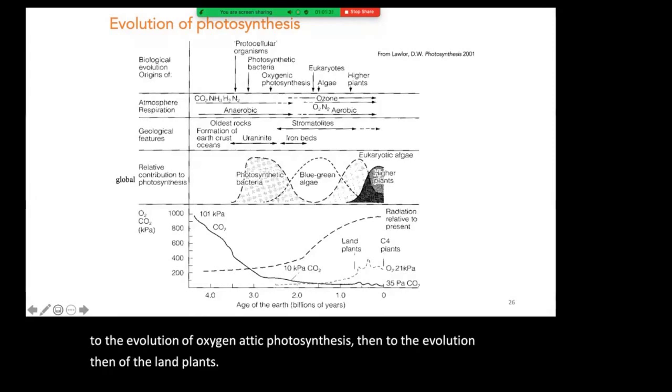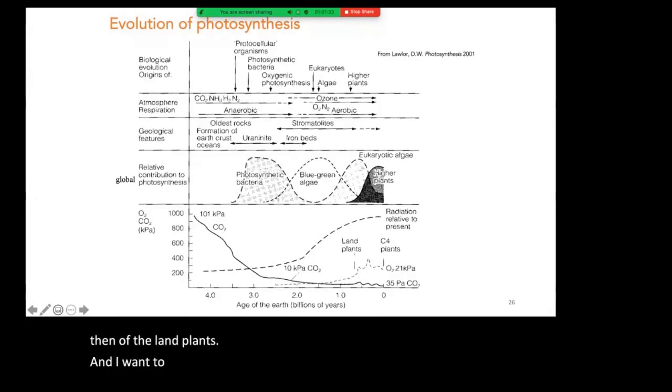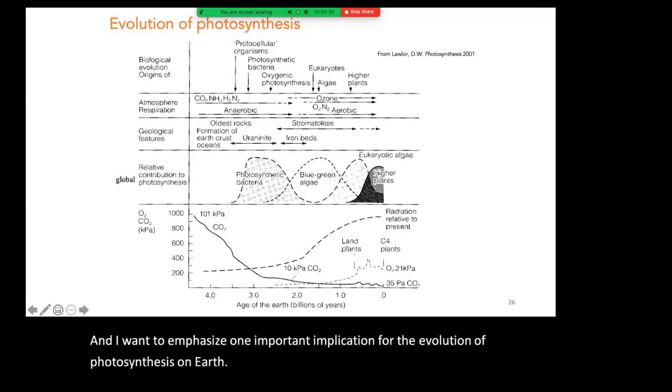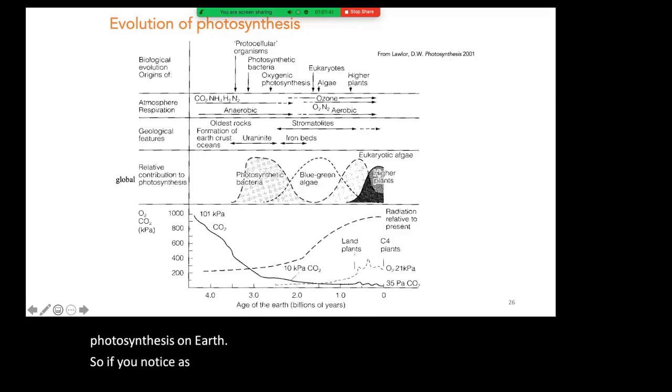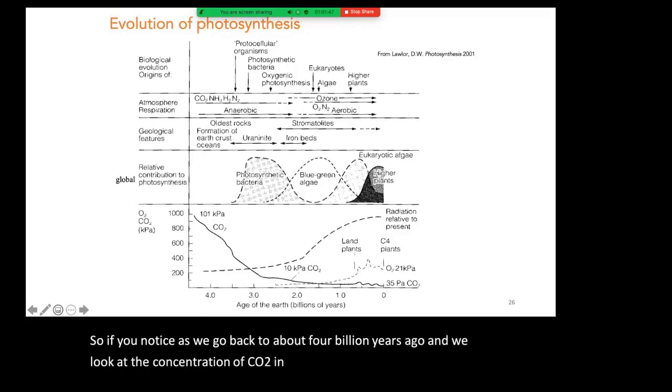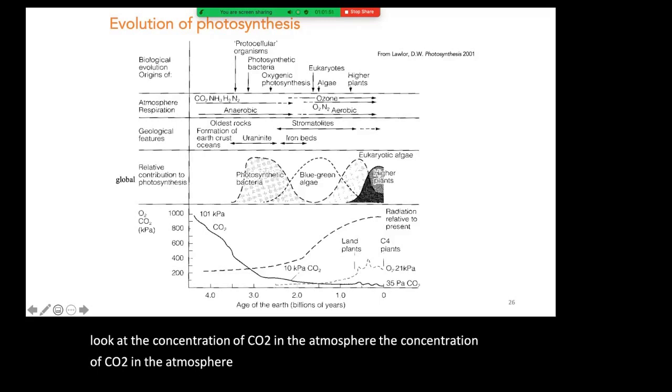And I want to emphasize one important implication of the evolution of photosynthesis on Earth. If you notice, as we go back to about 4 billion years ago and look at the concentration of CO2 in the atmosphere, it was exceptionally high.